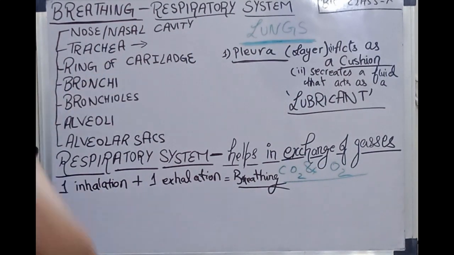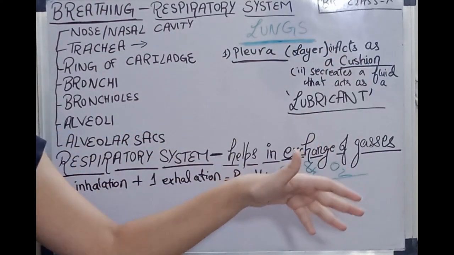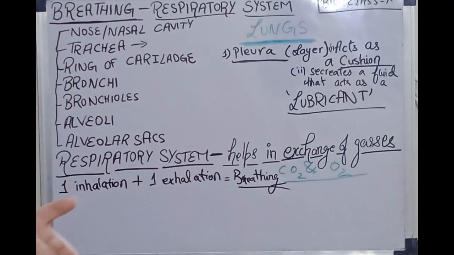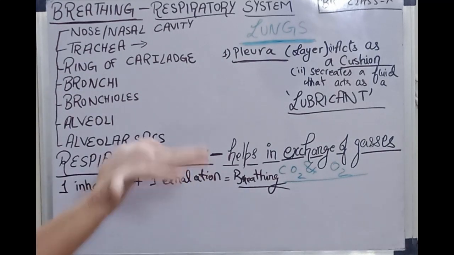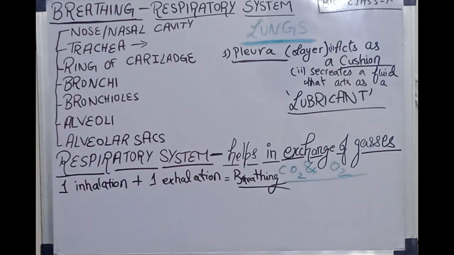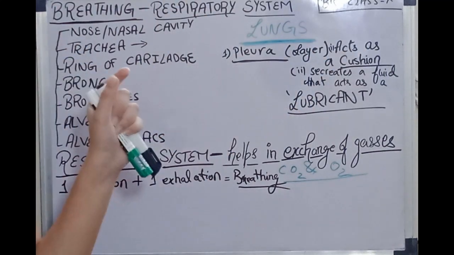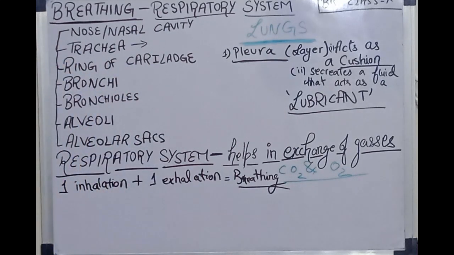Now, pleura एक layer है around your lungs. It has two functions. First, it acts as a cushion for your lungs, ठीक है, means it gives protection and support to the lungs. You can simply write this in your exams, although I don't think it will come, but if it comes, you have luck that you are watching my video. So it acts as a cushion. Secondly, it secretes a fluid, that acts as a lubricant.